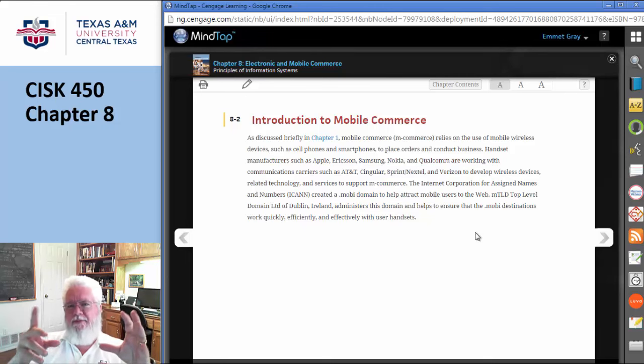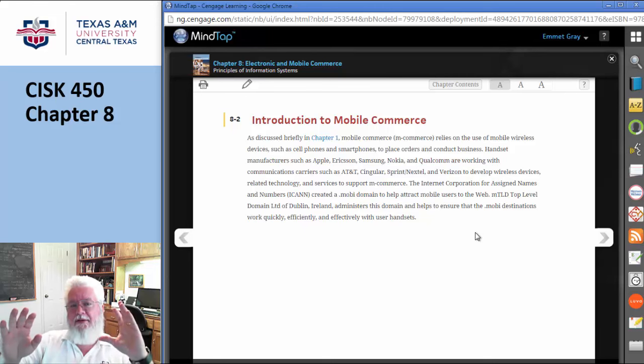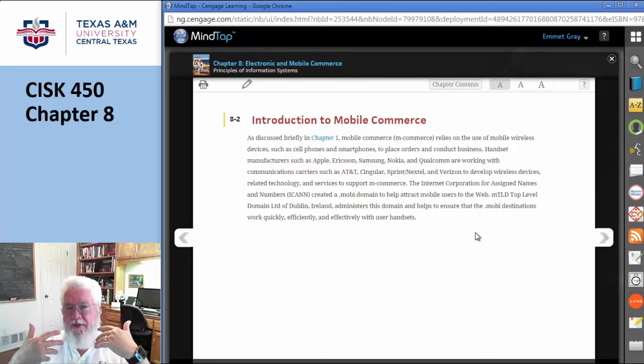Because my phone is full-featured enough, and I can scroll and zoom in if I want to. So I certainly don't use .mobi, and I don't even use the other technology that customizes content for my mobile device. I typically tell the website, no, send me everything as if I was a full computer. That's what I do. You don't have to do that, but that's what I do. Okay.